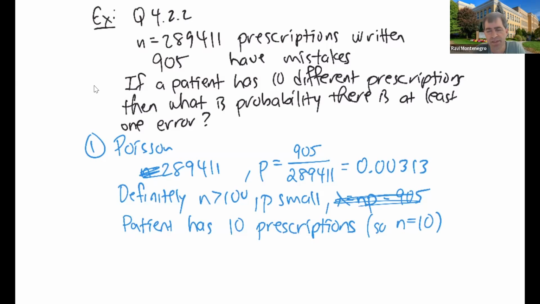Now we have n equals 10. N equals 10 does not fit the idea that it should be more than 100. So this may be a matter of concern, but lambda is going to be small.